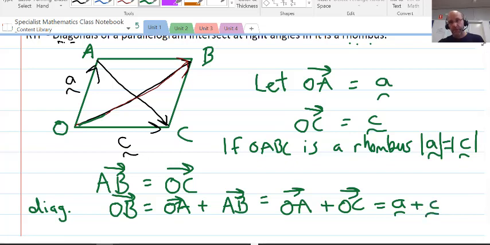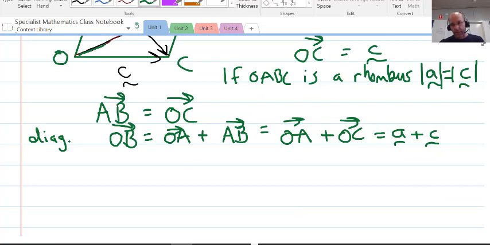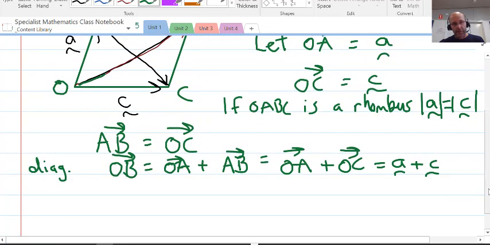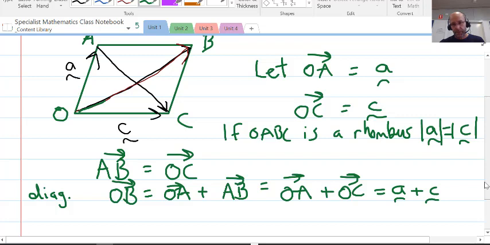Okay, we need that statement. The other diagonal you can see is AC. So we need a statement for AC. Now AC going downwards is negative OA, because it's in the reverse direction.